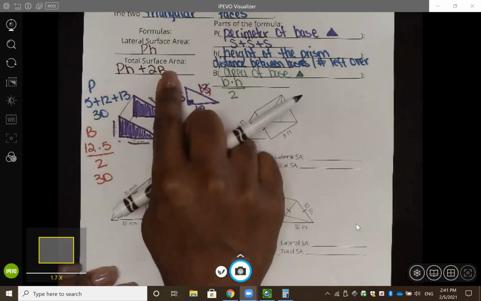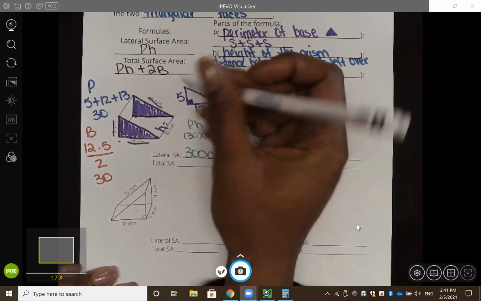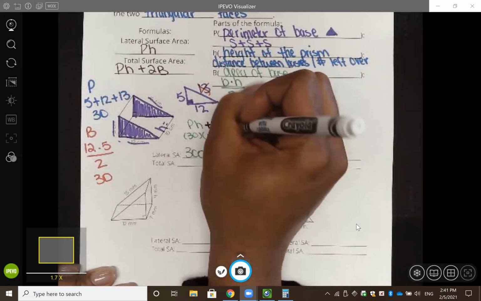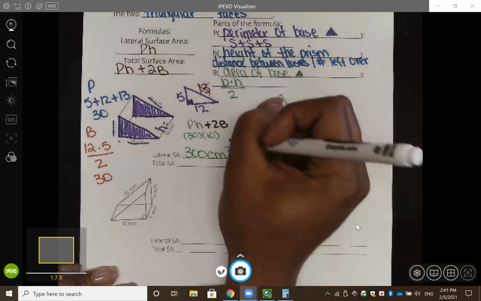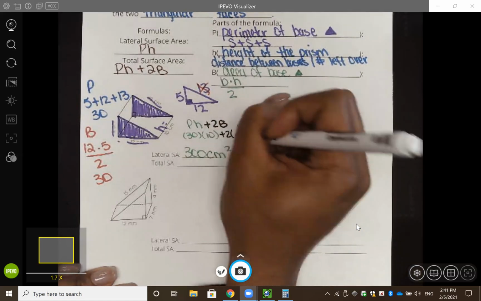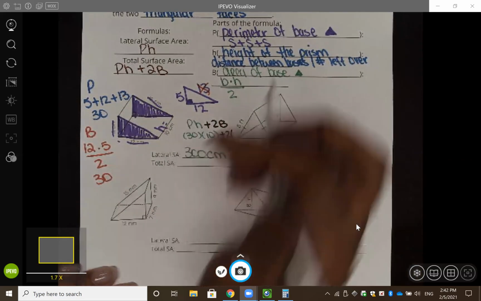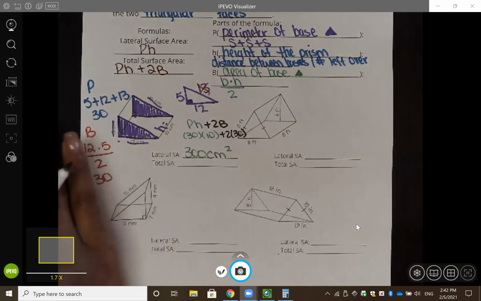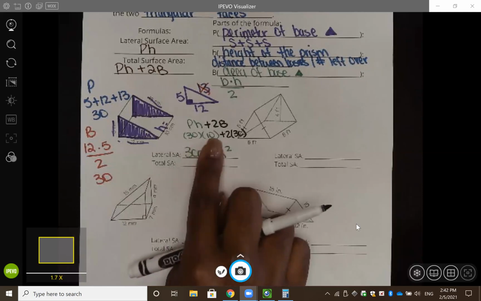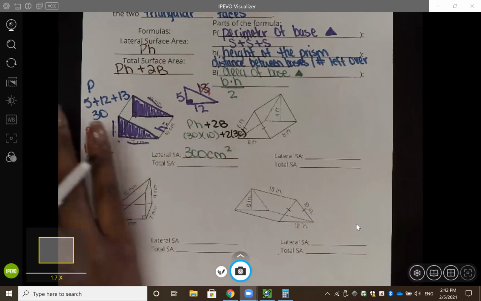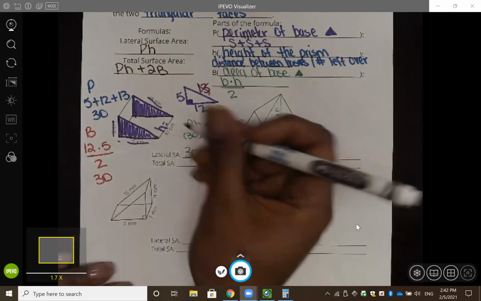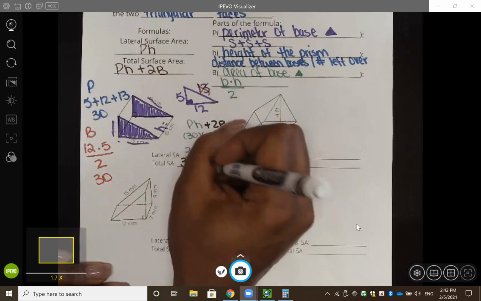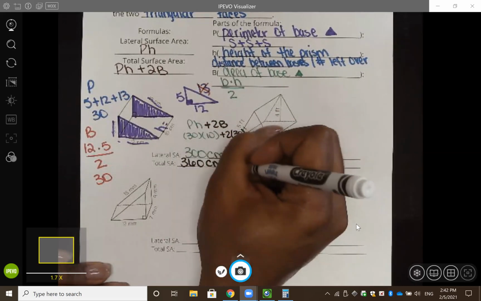So for total surface area, it's perimeter times height plus 2 big B. So now I'm going to go plus 2, and my big B is 30. So I'm going to take that 300 and do plus 2 times 30, and I got 360 centimeters squared.